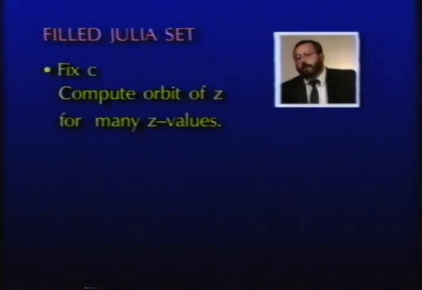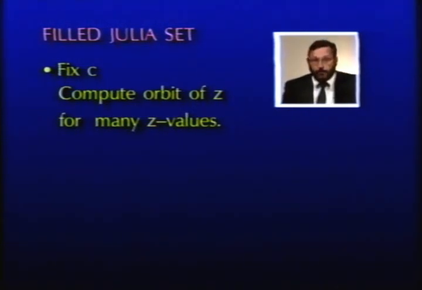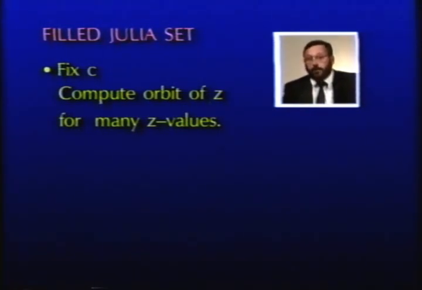Finally, let me explain the remark that the orbit of 0 determines the shape of the set of all orbits which don't escape under z squared plus c. This is the notion of the filled Julia set. What we'll do is fix a complex C value and then iterate z squared plus c on a variety of starting z values. So we're fixing C and computing the orbits of different z values.